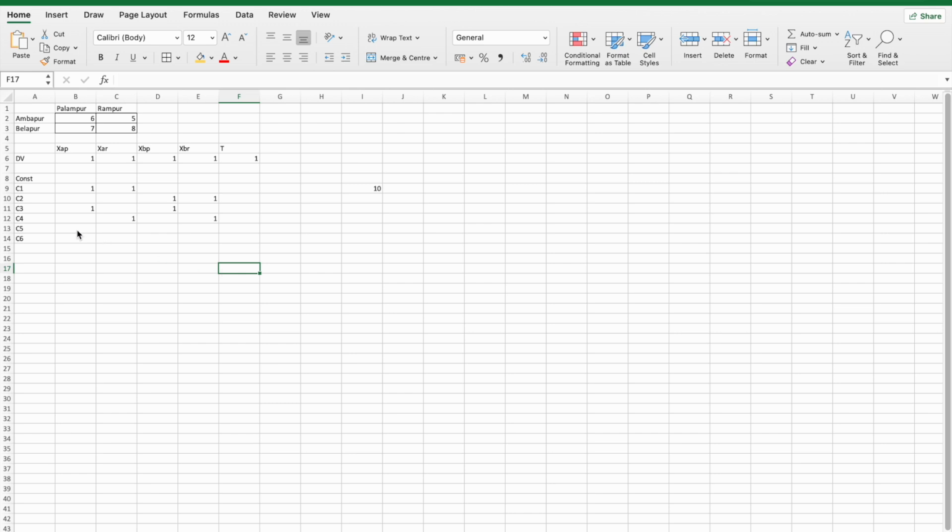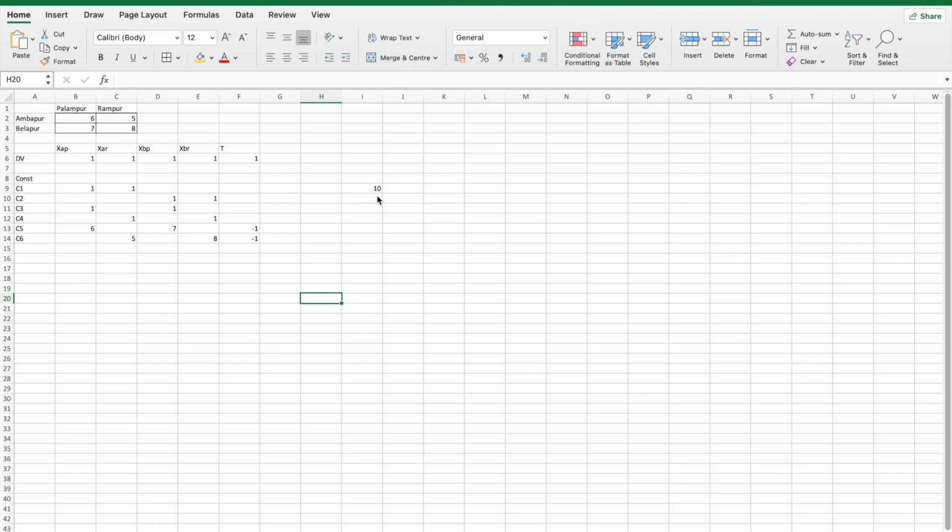Now talking about the cost, here we have 6 AP and then 7 BP, and regarding that inequality, the t was on the right side. If we move it to the left side, it will just have a -1 coefficient with it. The same would be for the other inequality as well, but here the prices are concerned with Rampur, so I am just putting in those values.